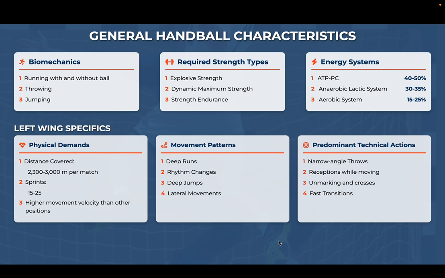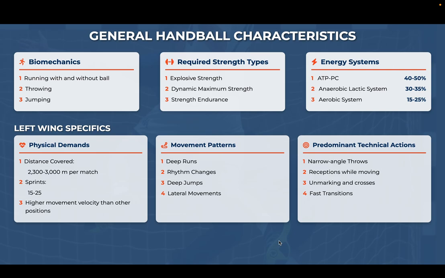In the biomechanics, you would see that handball players have to run with and without the ball, and that means acceleration, stoppage, and change of direction. Also, you have to make throws with the ball while running, walking, or standing, make some passes, or try to throw to the goalkeeper.